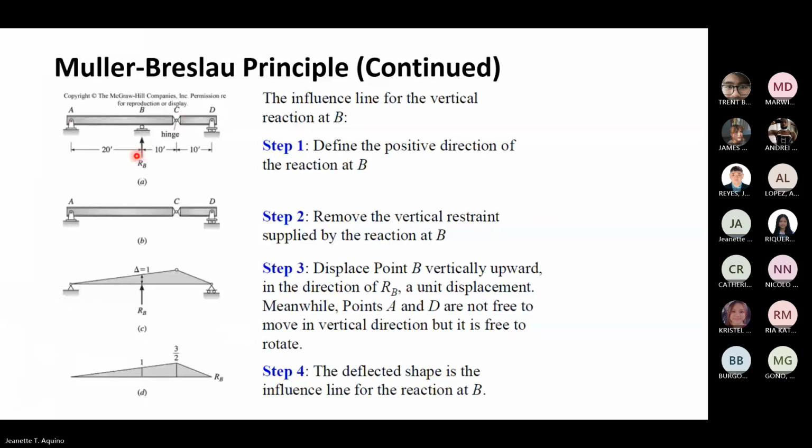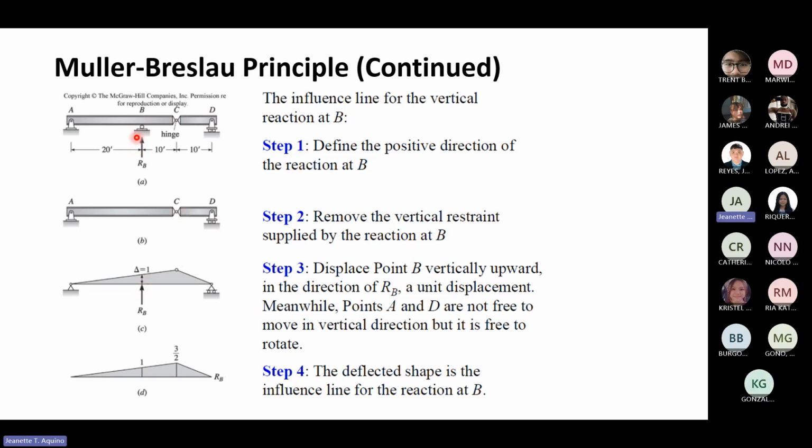We have the beam in feet, 20 feet. We have a hinge at A, roller at B, pin at C, and a roller at D. So define the positive direction of the reaction at B upward, and then remove the vertical restraint supplied by the reaction at B. When you remove it, it will move by delta equals 1.